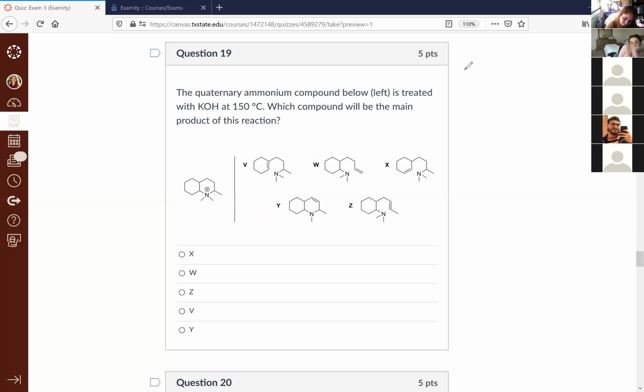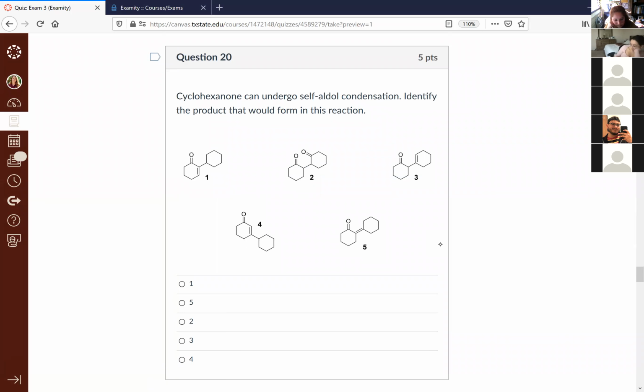Okay, cyclohexanone can undergo a self-aldol condensation. Identify the product that would form in this reaction. What I would do if I were you is go through this and eliminate all the things that are not the product of an aldol condensation. So what is the product of an aldol condensation again?